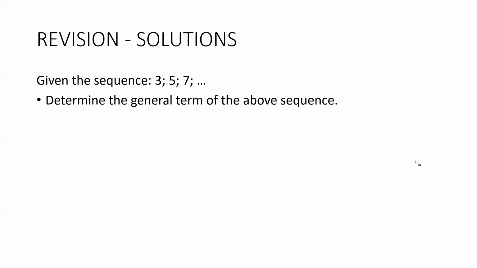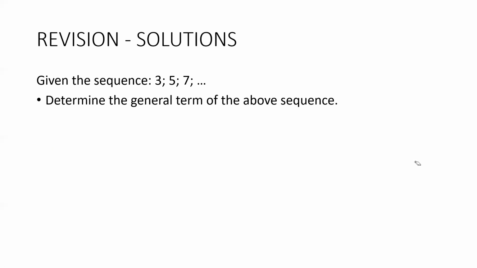Now, this one, what does it have? It has a first common difference. How much is that? It's +2. So, what type of sequence is it? It's an arithmetic sequence.